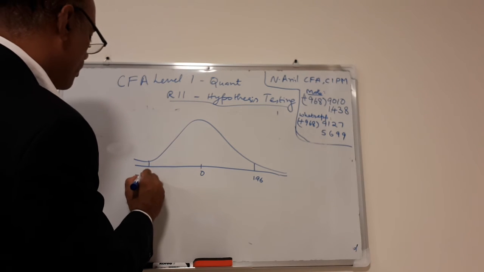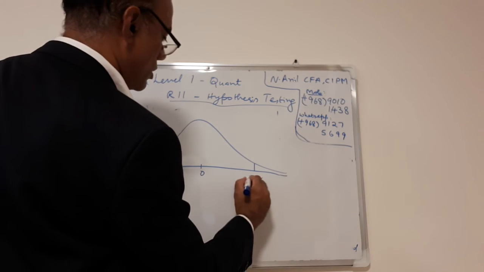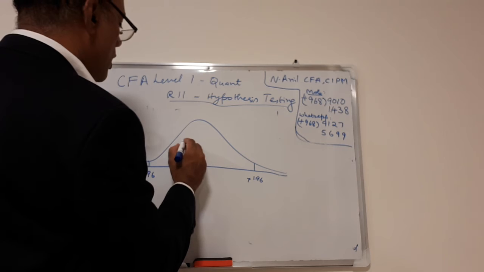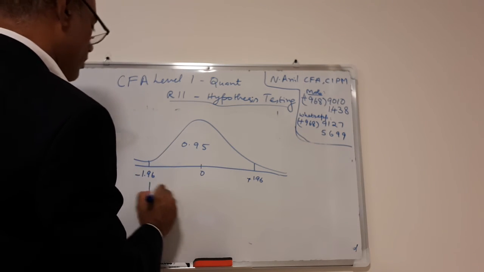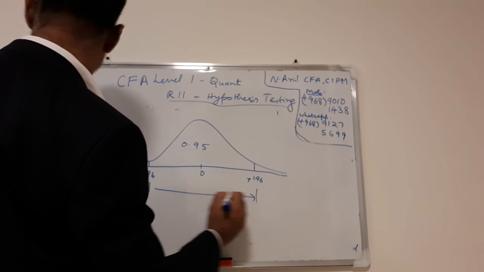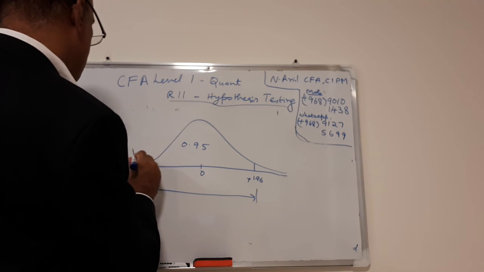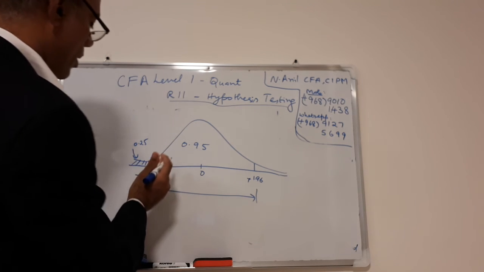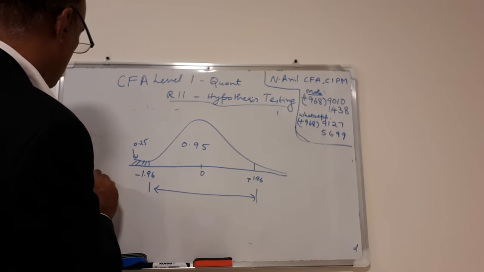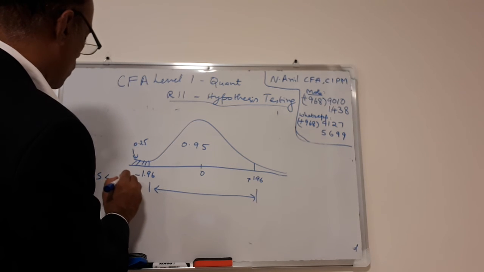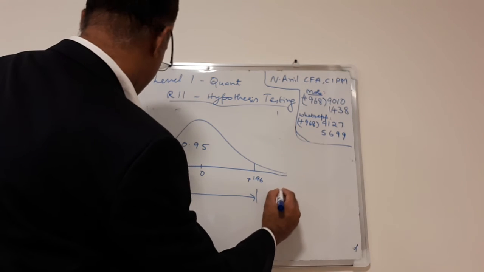Minus 1, and this is 2 standard deviations plus. So 95% of the area is under this one. This is 2.5%. The test statistic is less than minus 1.96, which is approximately 2 sigma.